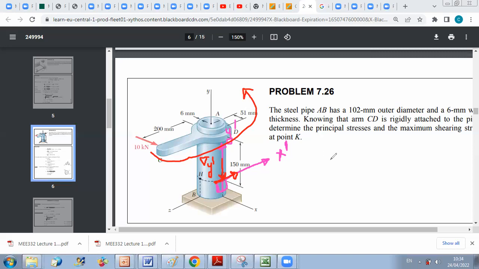So now, if you represent your element, this is your element. If we go back to x prime, y prime, because it's a 2D stress, we can consider that this is the x prime axis and this is the y prime axis.